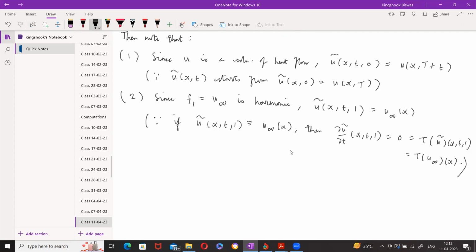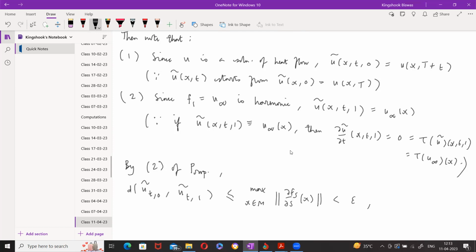Okay. So that's it. Thus, by part 2 of the previous proposition, we get that the distance between u tilde t_0 and u tilde t_1 is less than or equal to the max over x in N of norm del f_s del s of x, which we know is less than epsilon.